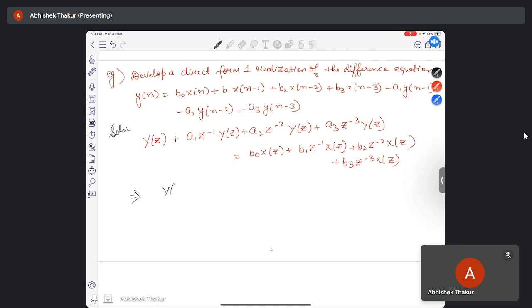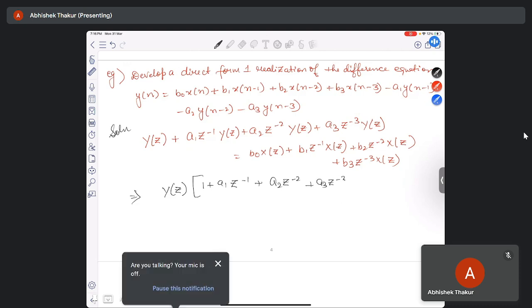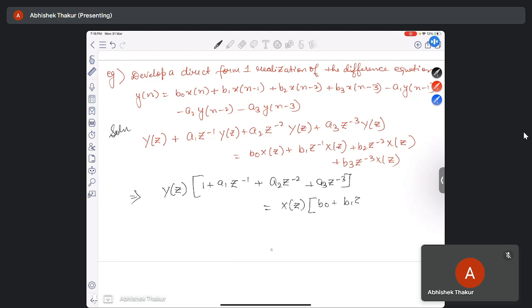So now we will take y of z common on the left hand side. So we will get 1 plus a1 z inverse plus a2 z to the power of minus 2 plus a3 z to the power of minus 3. That is equal to x of z, we will take common and we will get b naught plus b1 z inverse plus b2 z to the power of minus 2 plus b3 z to the power of minus 3. Okay.